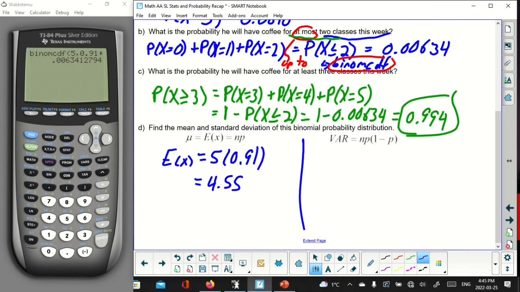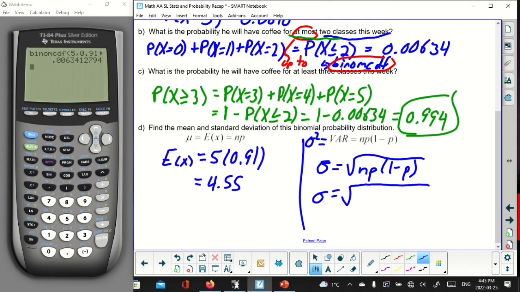Variance, which is sigma squared, if you recall, is given by np(1 − p). Sigma, or the standard deviation, would just be the square root of that. Now, one little trick that you can do here is we've already found np. That was the mean or expected value, so that would be 4.55 times 1 minus p, which was 0.91.